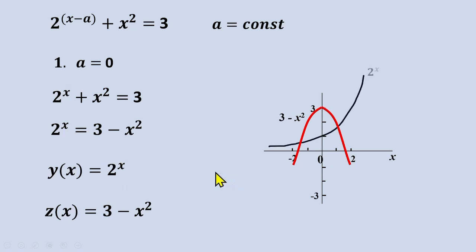This is this line, and we see that these two curves intersect at 2 points, which correspond to the roots of the equation, x1 and x2. So we conclude that at a equals 0, the equation has 2 roots.